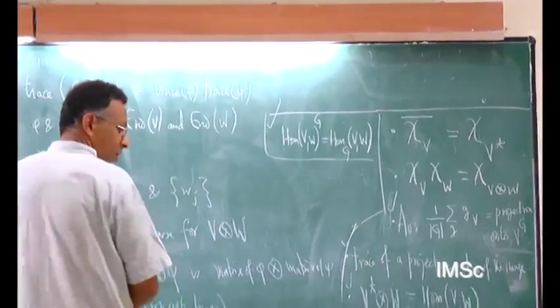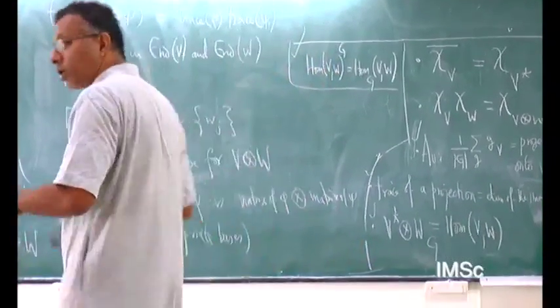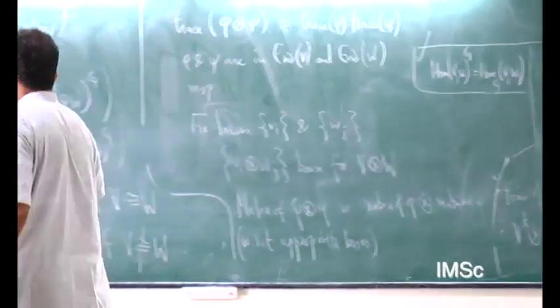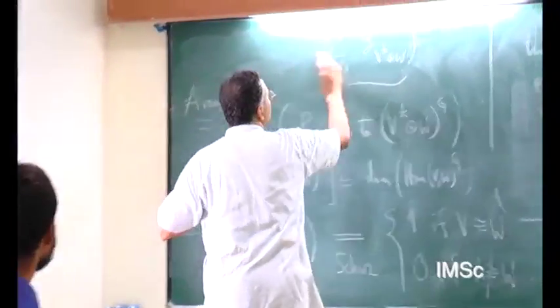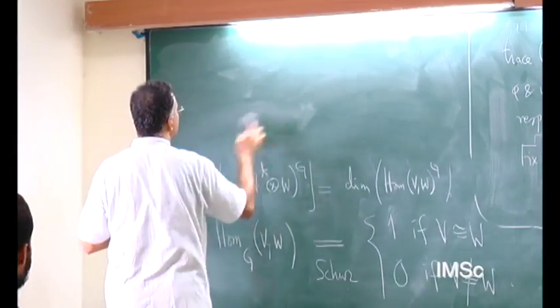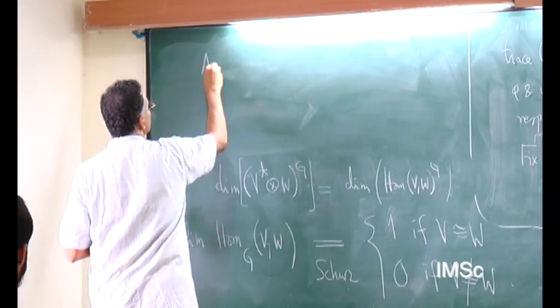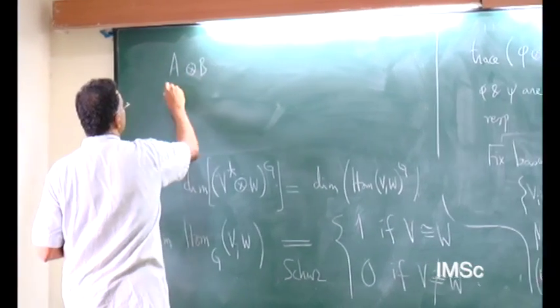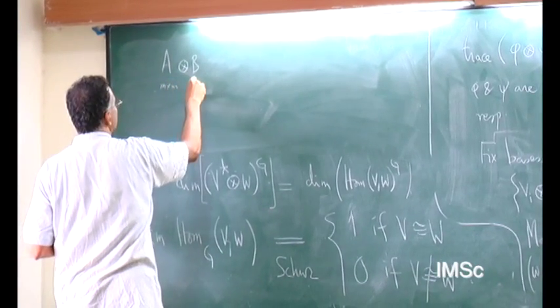So it's an mn by mn matrix. Let me write it like this. If I have A tensor B, this is m by m, this is n by n, say.